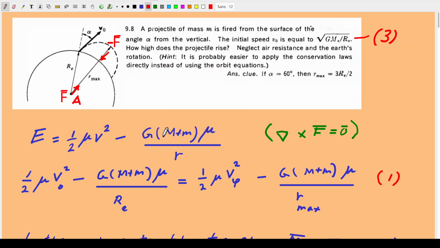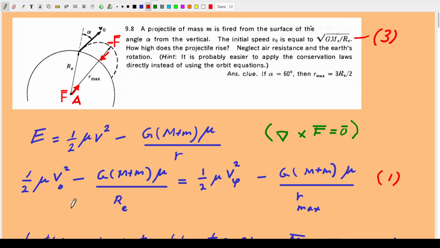And the gravitational potential is minus G times the total mass in the center, which is in this case M plus m, multiplied with the other mass, the reduced mass, and divided by r. And that is the distance between the Earth center and the projectile. That's r over here. So then we can set up the system here.